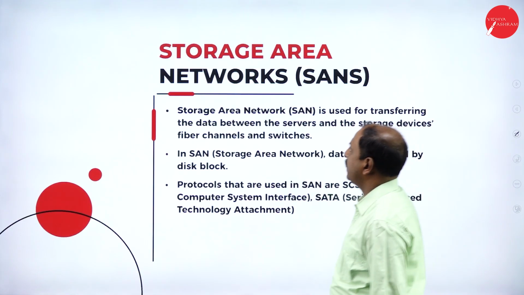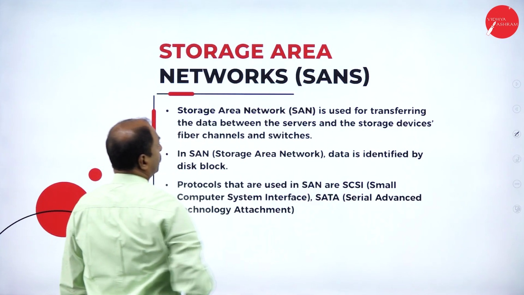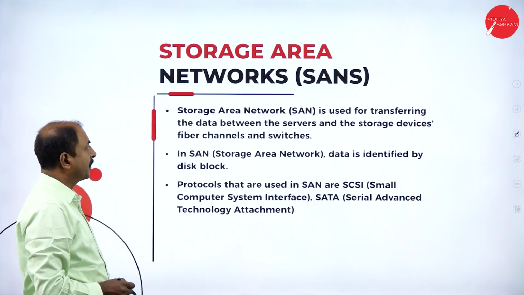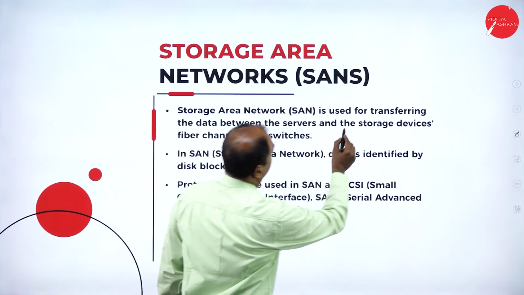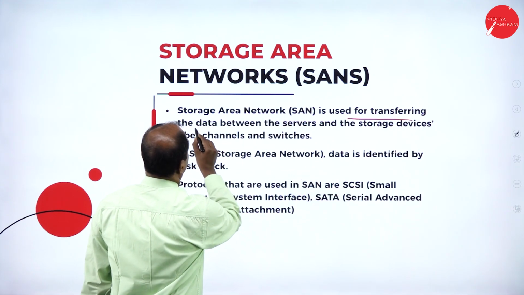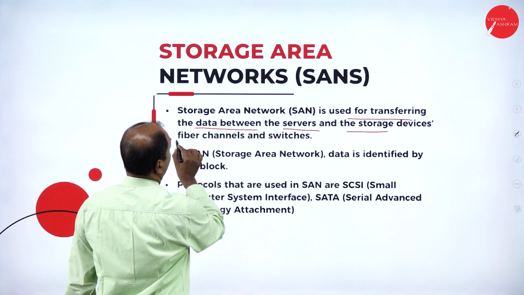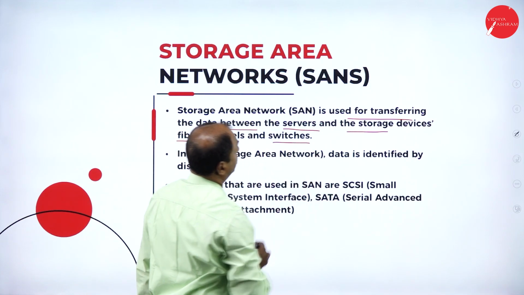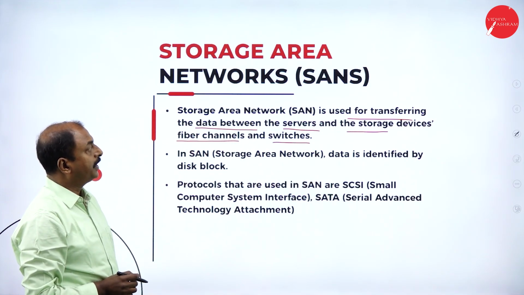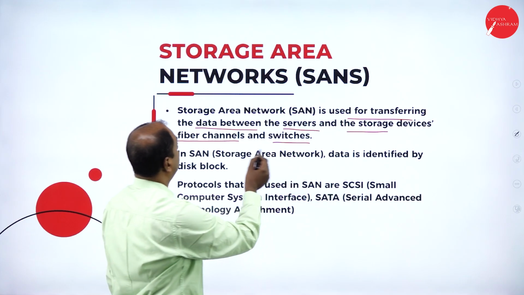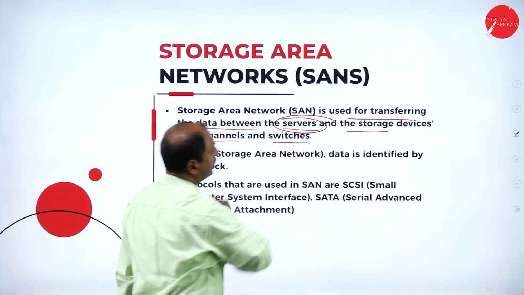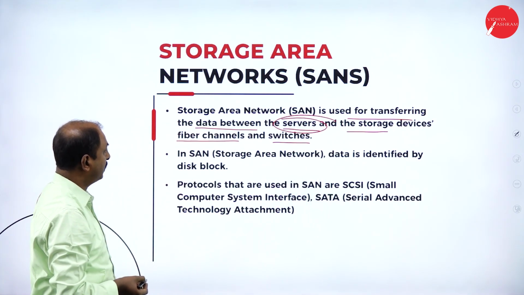Now first, let us see what a storage area network, or SAN, is. It is used for transferring data between the servers and the storage devices, using fiber channel and switches.